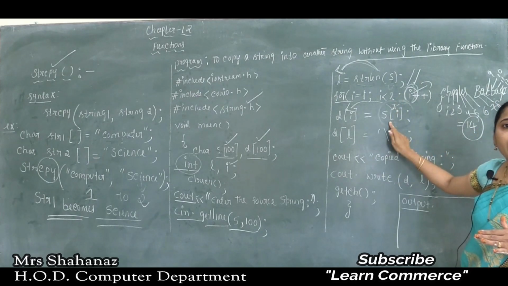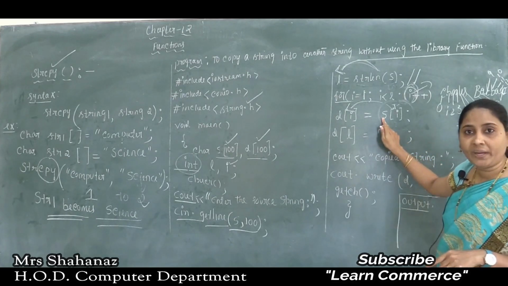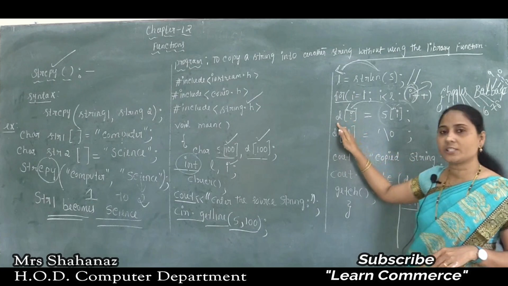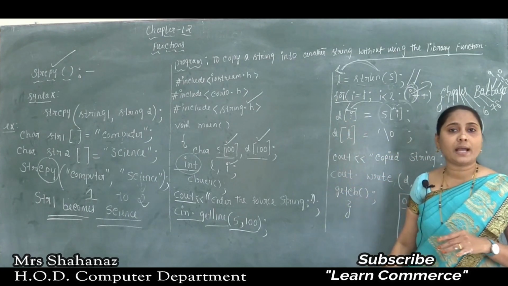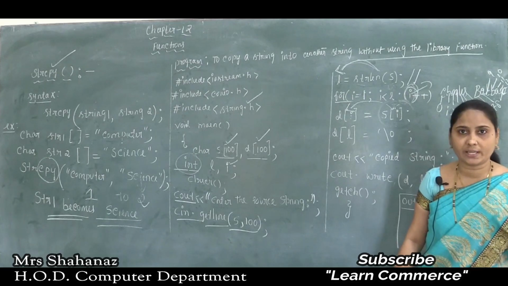Now such total number of characters of string 1, that is called the source string, is going to be copied to the next string. The next string name is D, that is called the destination string, and it is called string 2. Clear this point here?